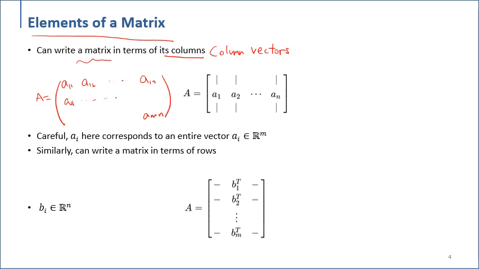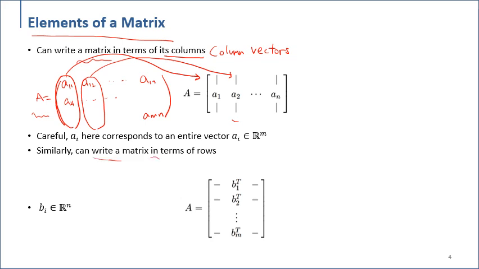Then its elements can be divided into its column vectors. So this one is the first column vector A1, and this one is the second column vector A2.